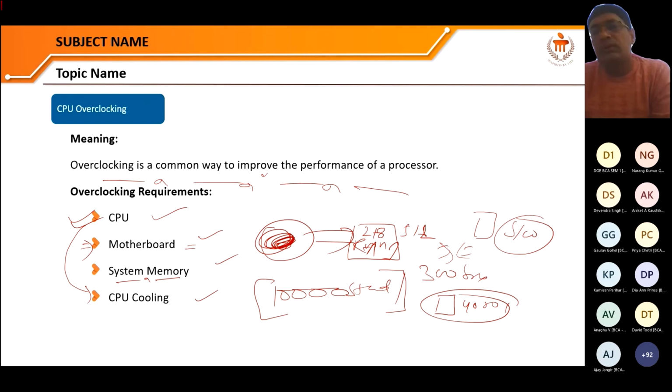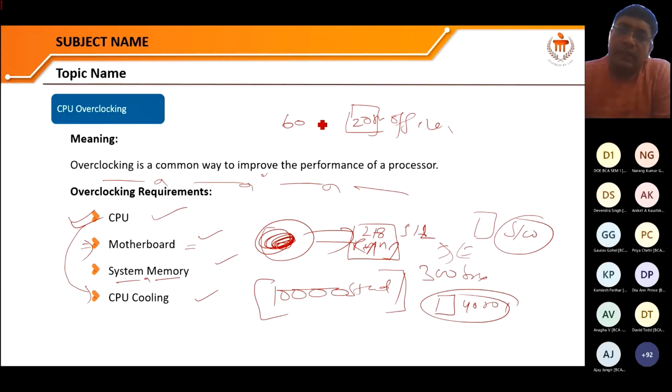I am also giving another example. Suppose I am taking the class in offline mode, and in a room we have a sitting capacity of only 20 students, but I have a voice that can teach 60 students. Can I teach 60 students at a particular time? Yes, I can teach, because I have the capability to teach 60 students at a time.